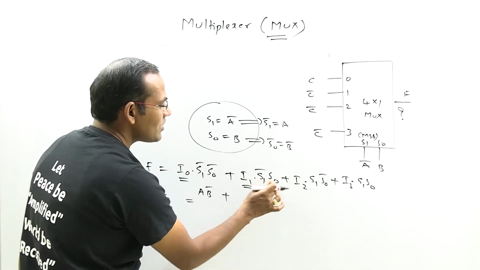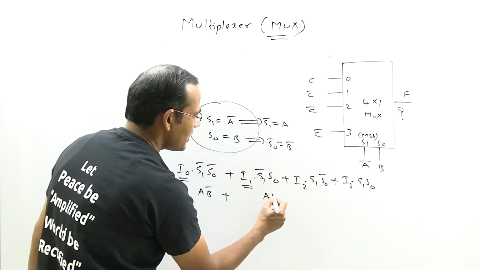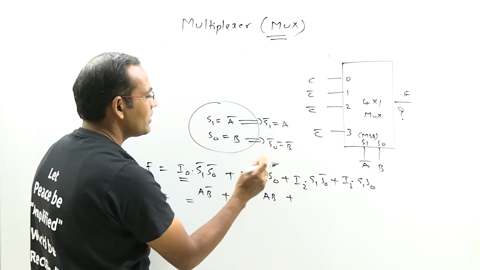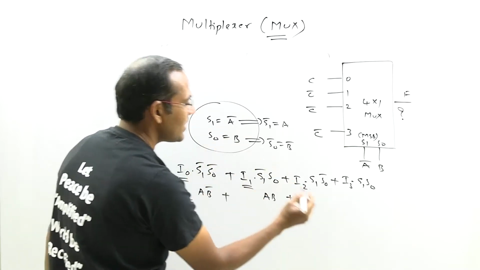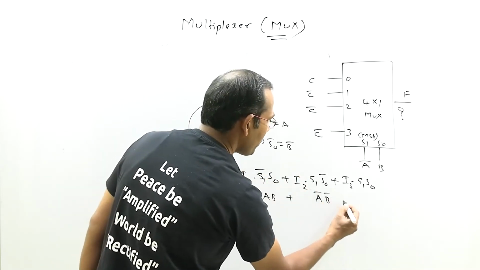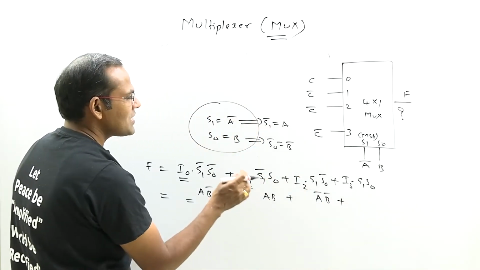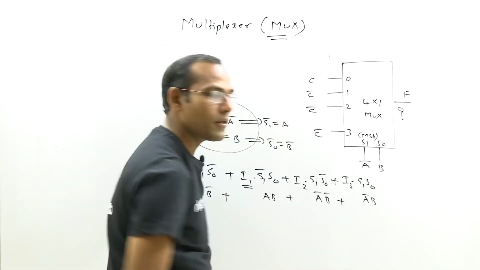Next minterm is S1 bar S0. S1 bar is A, S0 is B, plus next minterm is S1 S0 bar. S1 is A bar, S0 bar is B bar, plus S1 S0, so A bar B.